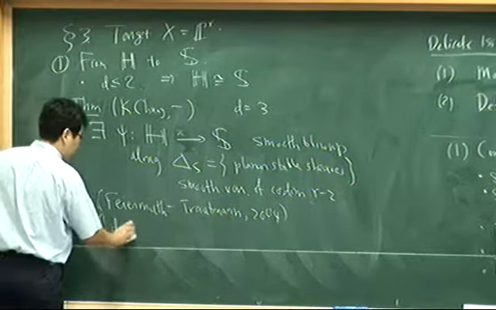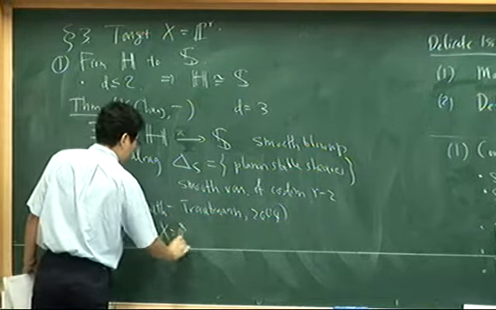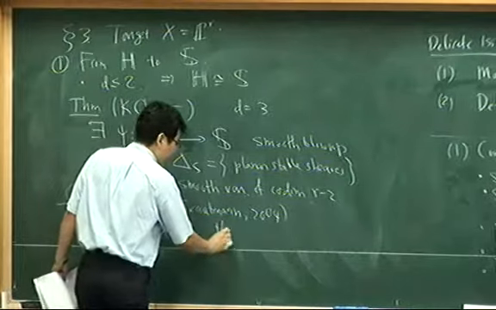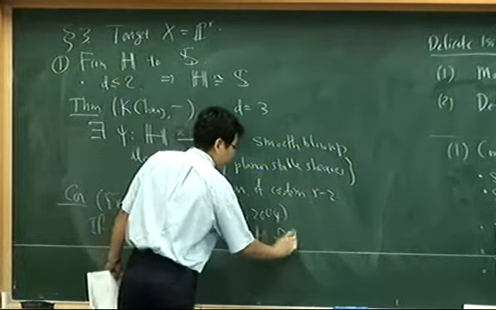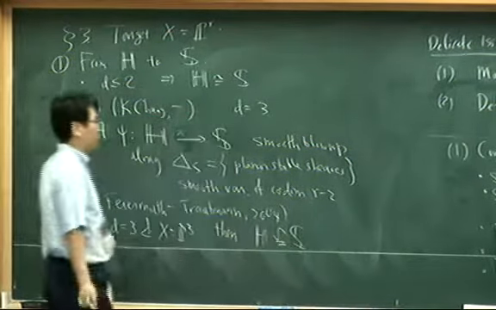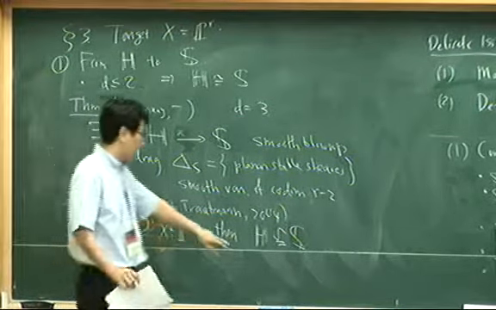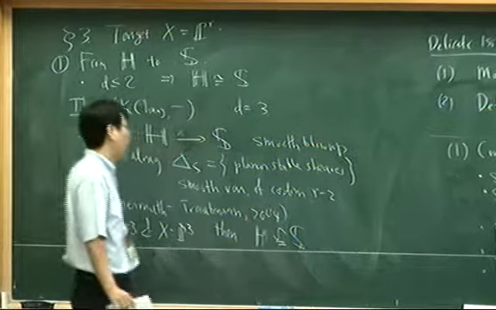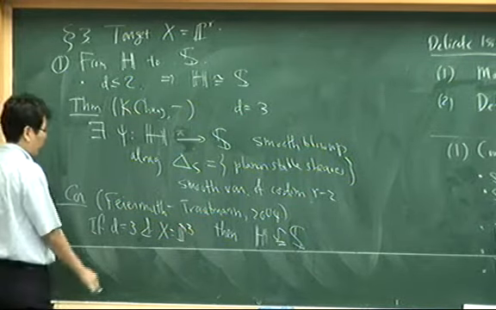If degree is equal to 3 and target is P3, R is equal to 3, then they proved H is isomorphic to S. Sorry, the Hilbert scheme is isomorphic to the Simpson moduli. I mean, the irreducible component of the Hilbert scheme containing smooth curves is isomorphic to the Simpson moduli of stable sheaves, the irreducible component of the moduli of stable sheaves.